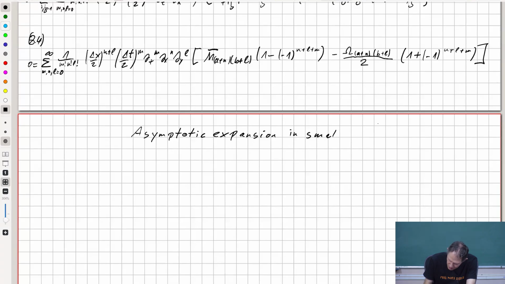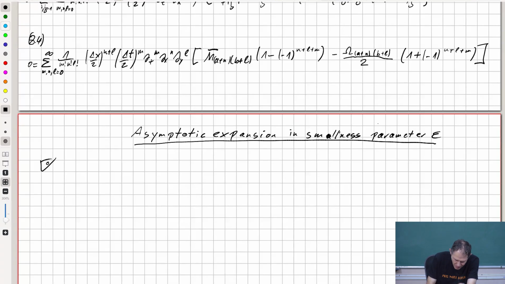In the smallness parameter epsilon. So this is absolutely my favorite topic that I'm talking about in all of my lectures. Okay, so this is something extremely general that you can apply to, I would actually say, all other numerical methods.